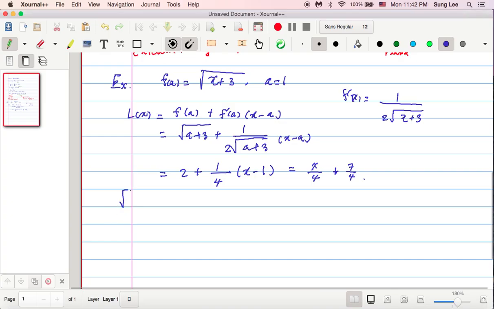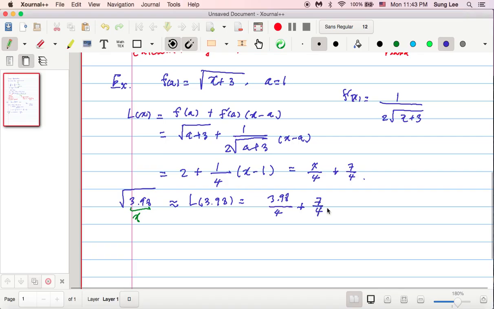So in that case, we are now supposed to calculate the square root of 3.98, right? 3.98. So that's the x value, okay? So this guy is x. So that's going to be approximated by L of 3.98, which is going to be 3.98 divided by 4 plus 7 over 4.